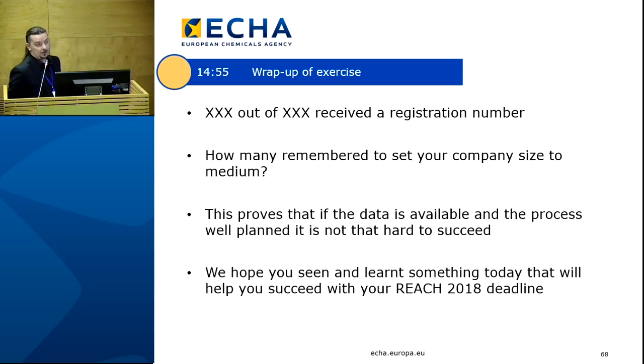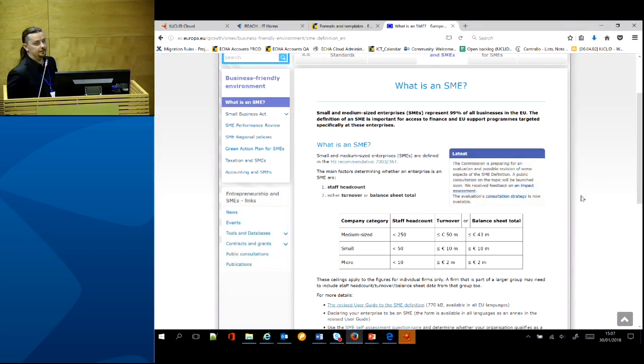It's quite a complex algorithm, but when you look in Reach IT under setting your company size, it's quite well defined. And there are links to all of the Commission guidance for how to determine it. You can now see it on the screen there. In general, it's staff headcount, the turnover and the balance sheet total.